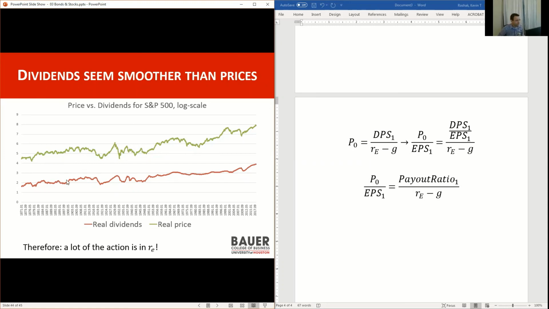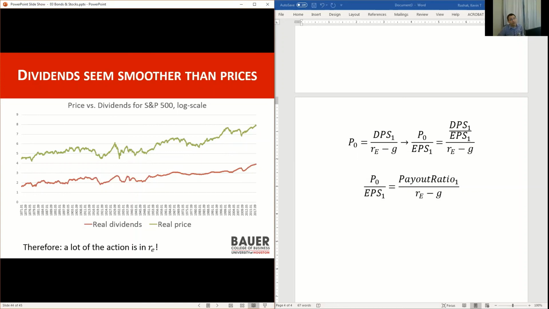There's some variation in dividends, and these variations show up as variations in the stock price. However, what Shiller noticed is that the dividends are pretty smooth. The stock prices are fluctuating substantially more than the dividends.